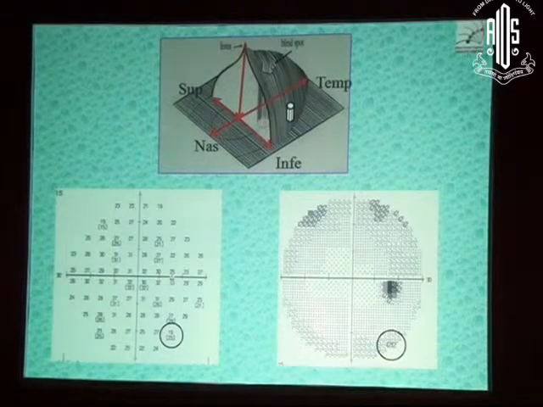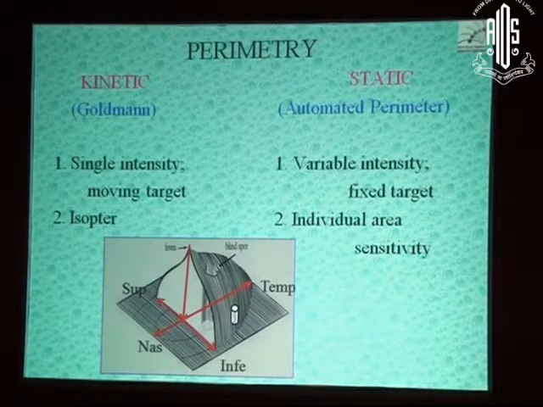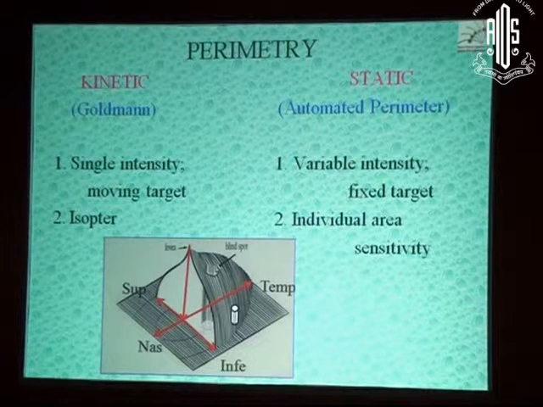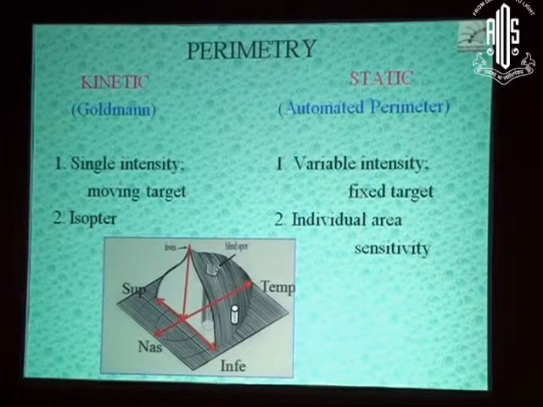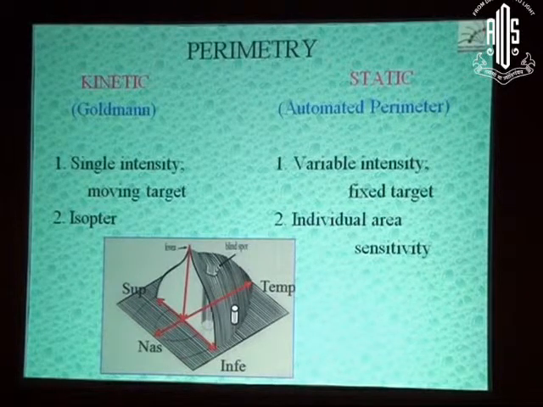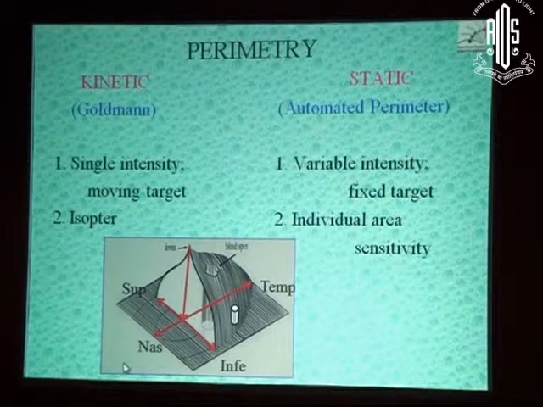If there is any defect or any departure from the field of vision, that can identify the area as well as the size of the defect. Over the years, the methodology differs basically in two ways. One is the kinetic, previously usually using the Goldmann perimeter, and the static automated perimeter. In Goldmann perimetry, a single intensity is moved from the non-seeing to the seeing area.